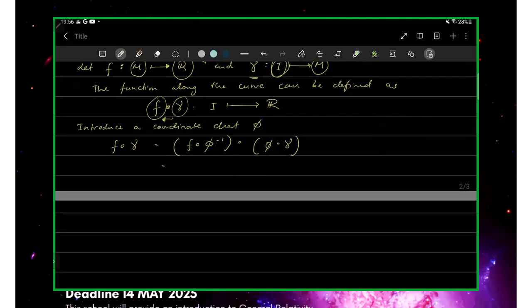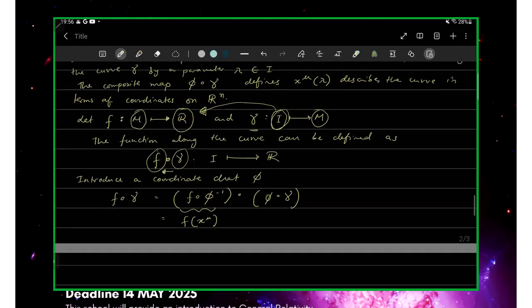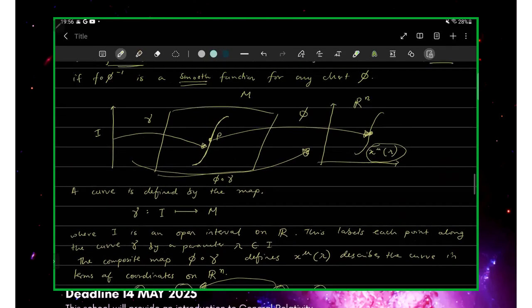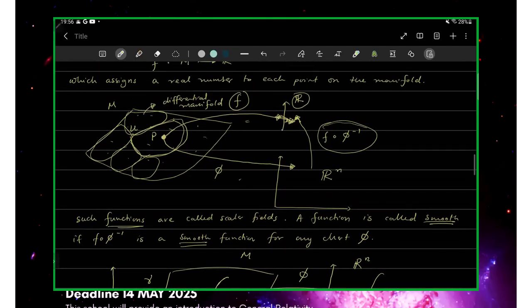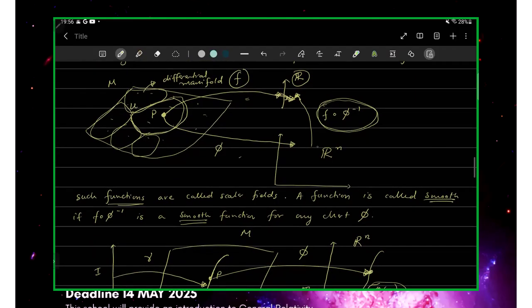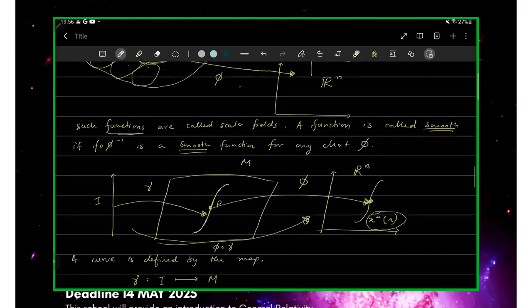Now this part over here I'm going to write as f of x mu, because if you remember, this is what I wrote over there. This takes from something in Rn, where Rn has the coordinates x mu.